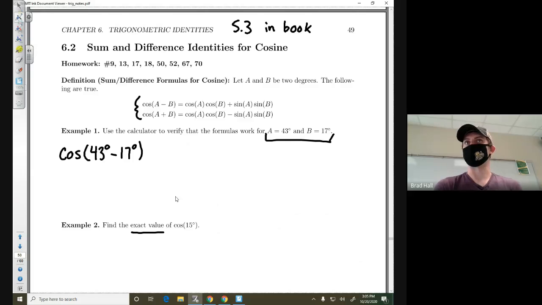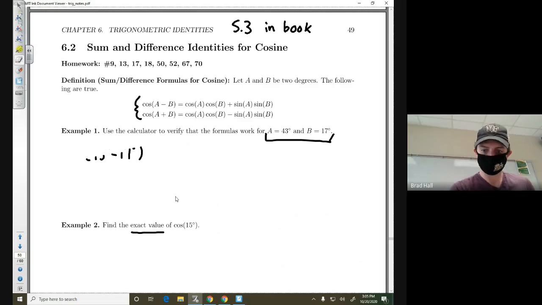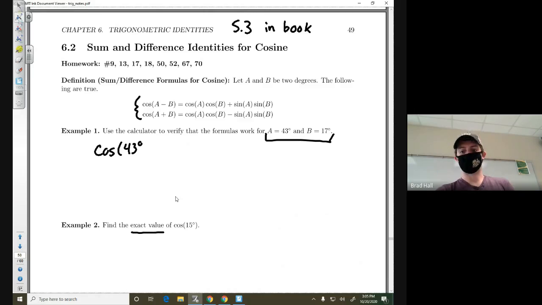If your calculator's in radian mode, make sure it's in degree mode, because these are degrees. We'll do the top formula. This is the difference formula, obviously, because there's a subtraction sign.